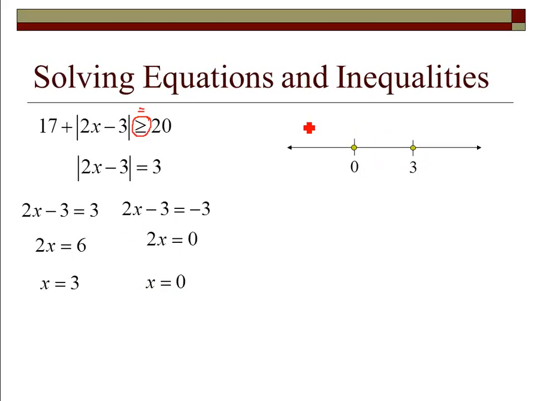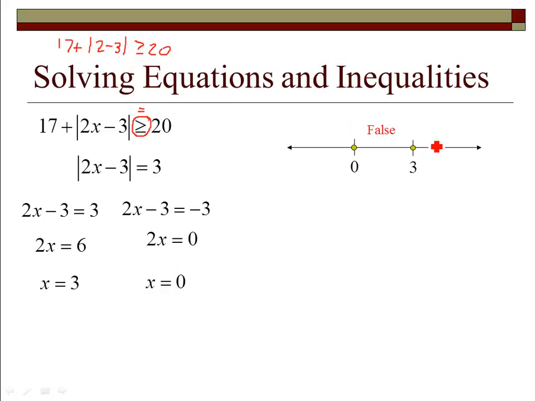Now I'm going to test the regions. The ones that are true is what my answer is finally going to work out to be. So I'm going to plug in 1 and see if it's true. Well, if I plug in 1, I'd have 17 plus absolute value of 2 minus 3. And that equals negative 1. But when I take the absolute value, I get positive 1. So I get 18 greater than or equal to 20. That's false. 18 is not bigger than 20.